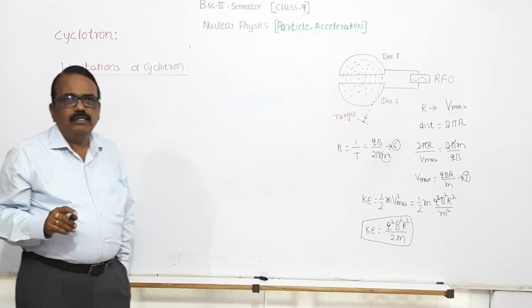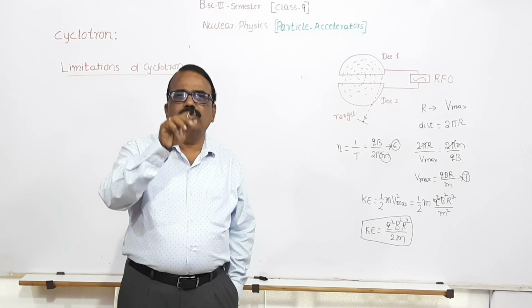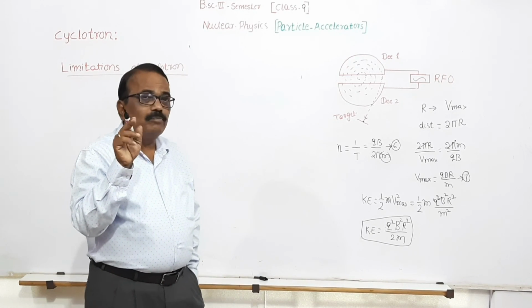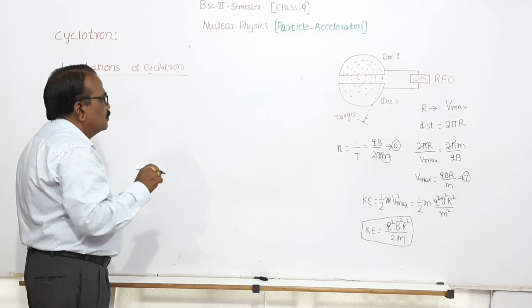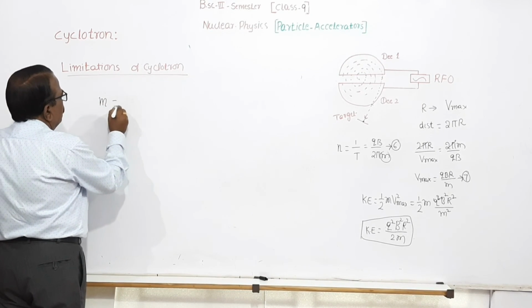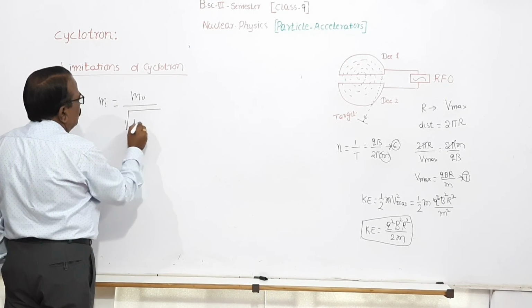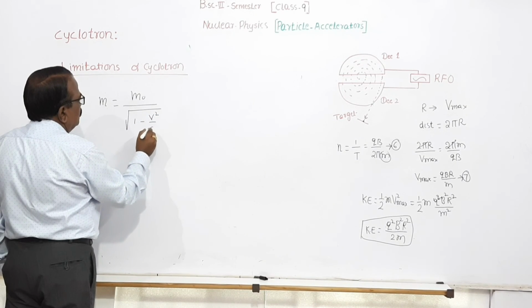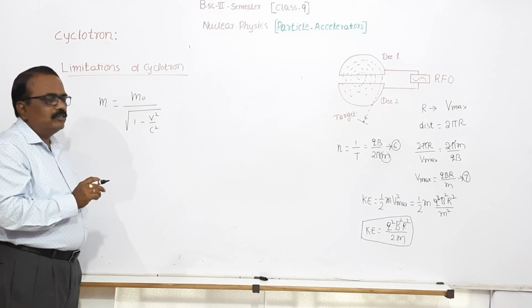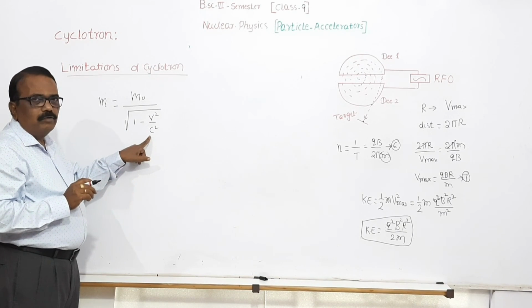Then according to Einstein's theory of relativity, if a charged particle is continuously accelerated, then its mass goes on changing. So that change in the mass while it is in motion is given by m is equal to m naught into square root of 1 minus v square by c square. Here m naught is the rest mass of the ionic charge, v is the velocity with which it is moving, and c is the velocity of light.